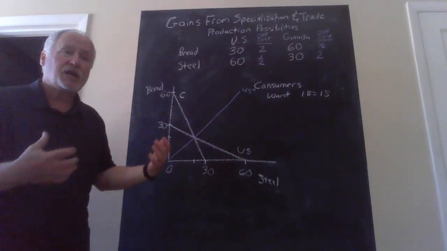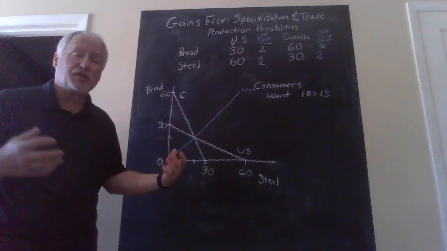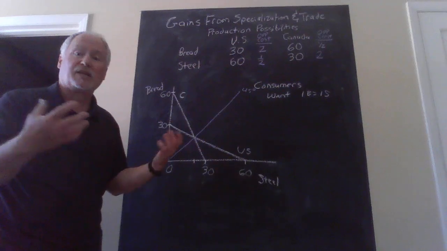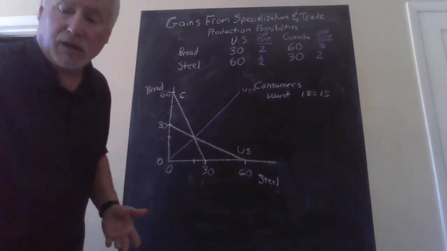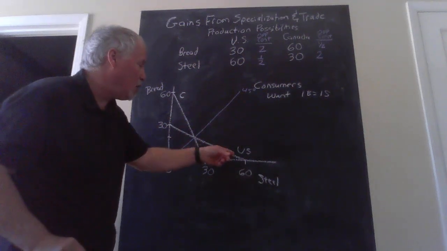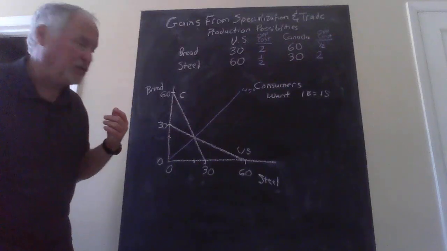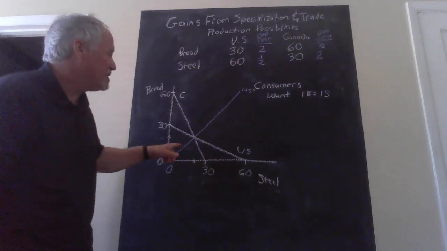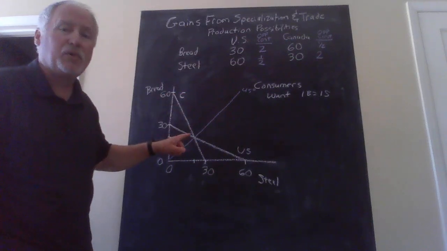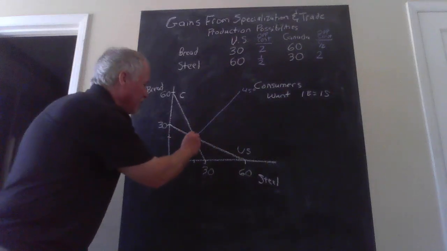Now, before the United States and Canada can trade with each other, they have to produce and consume for themselves. That's autarky. So in autarky, they have to be on their own production possibilities curves, and then the consumers want to be at the point along there that's on the 45-degree line.